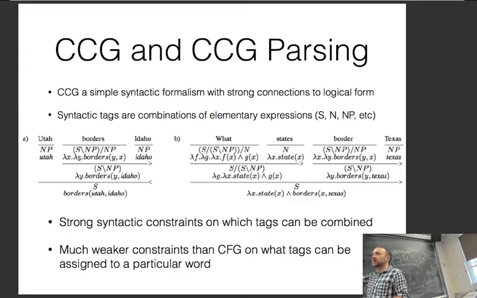So you do need to ground the word and the knowledge base together when you're creating the rules for the CCG. And learning that lexicon that grounds those two things together is probably the hardest part of CCG-based question answering. There's a lot of work on that, though, if you're interested, and you can look up the details.